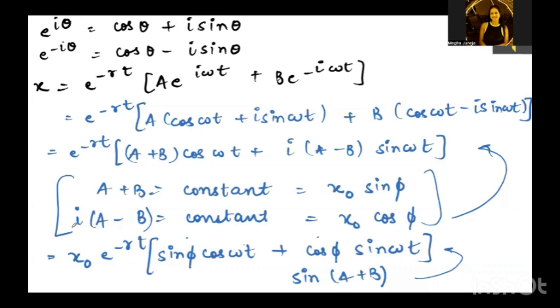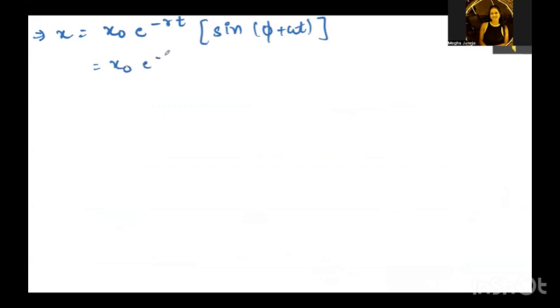Okay. So similarly, what we can simply mention, so this implies x will be equivalent to x naught e raised to the power minus of rt sin phi plus omega t. Or we can also write it as x naught e raised to the power minus of rt sin omega t plus phi.